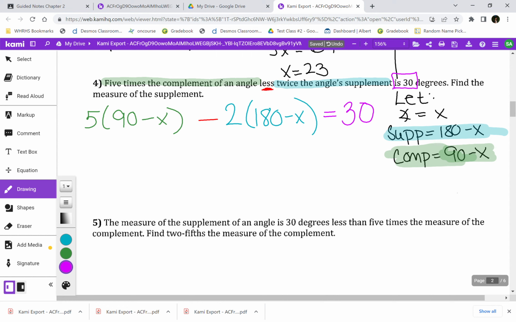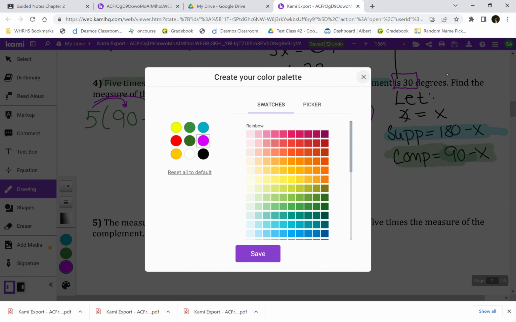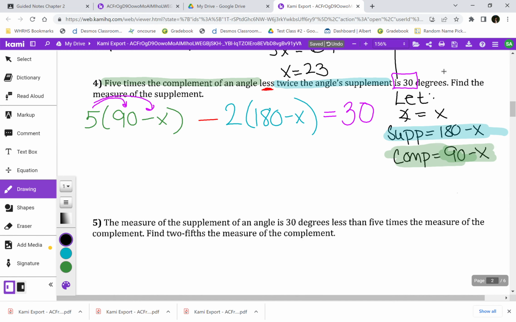All right, I'm going to distribute first. So I'm going to distribute this 5. So we're going to get 450 minus 5x. Now, when you come to distribute the 2, it's not a positive 2. What is it? It's a negative 2. We got to distribute that negative in with it.